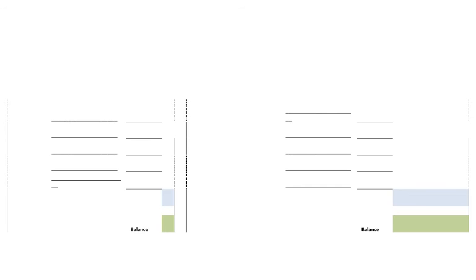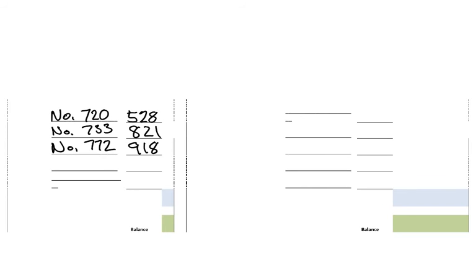November also has check number 720 for $528 outstanding. So that's November. December, they are showing check number 733 for $821 outstanding, and check number 772 for $918 outstanding.